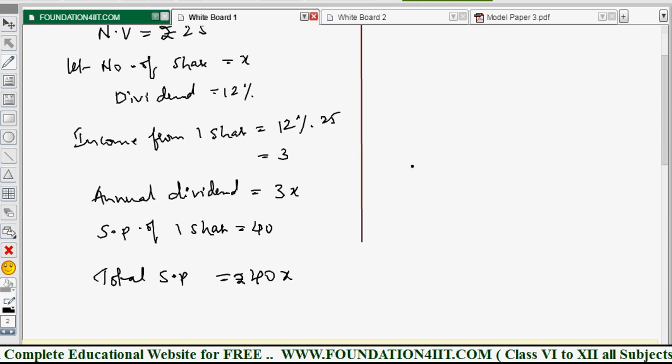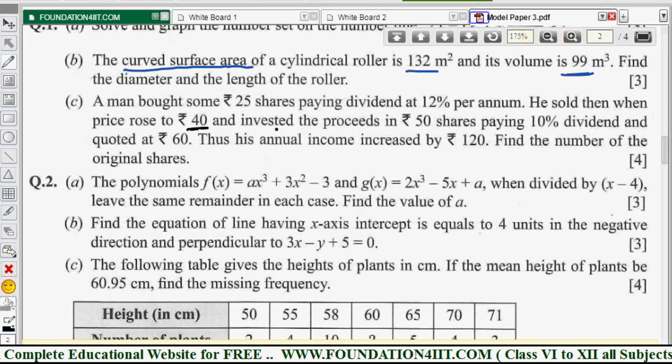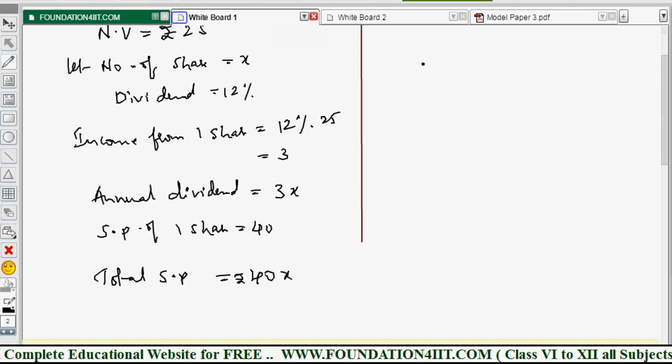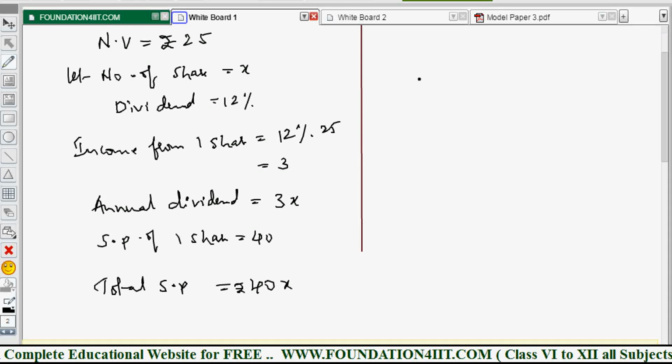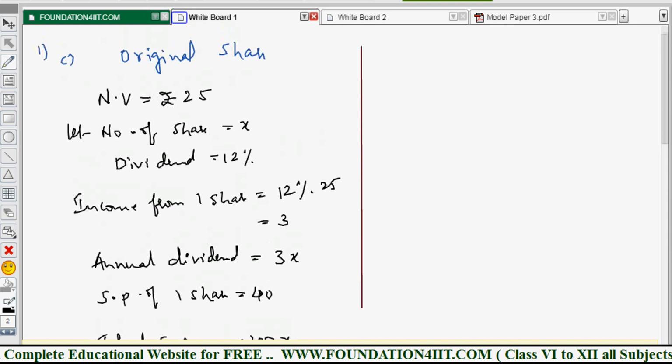That is 40x. Now, if you see this question, the proceeds are invested in rupees 50 shares. So this is the nominal value, with 10% dividend, and 60 is the market value. You can take this as the second case, the new share. So whatever 40x, this is the total investment in the second part.